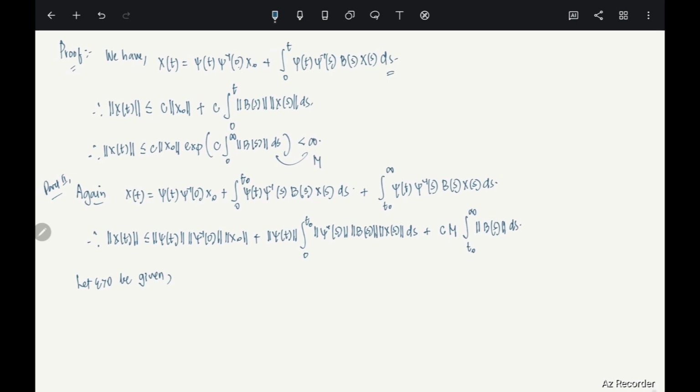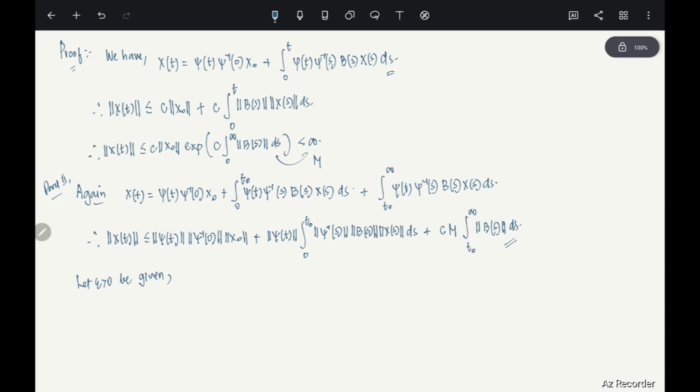See, the thing is, if you look at this particular B of S, what is the condition on B of S? I wrote somewhere, no? The integral of B of S is finite, I think. That's what I wrote. This one is finite, given. I hope this is okay, right?